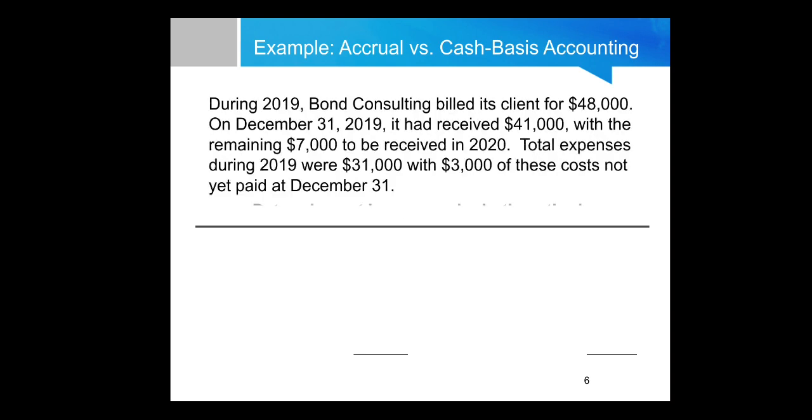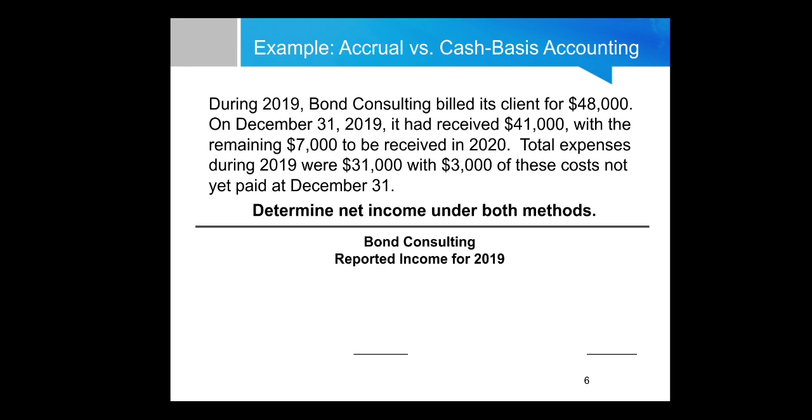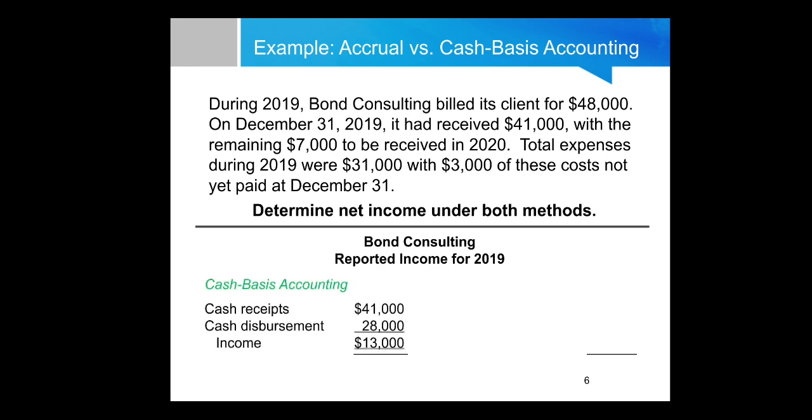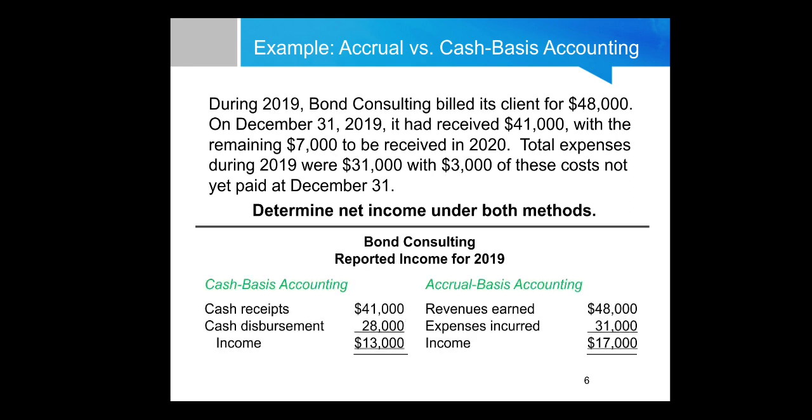This is an example that shows the difference between accrual basis accounting and cash basis accounting. Remember this. Let's see the example first. In year 2019, Bond Consulting billed its clients 48,000. Bond Consulting is a service business.